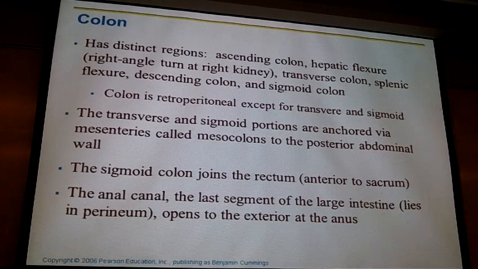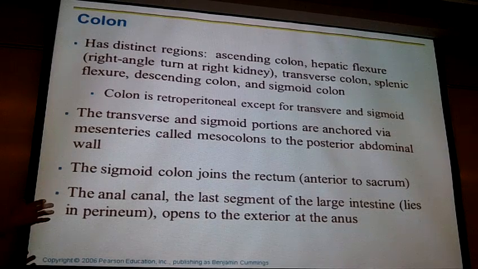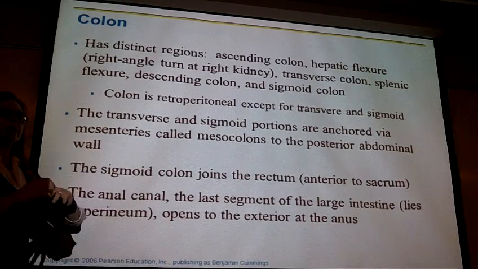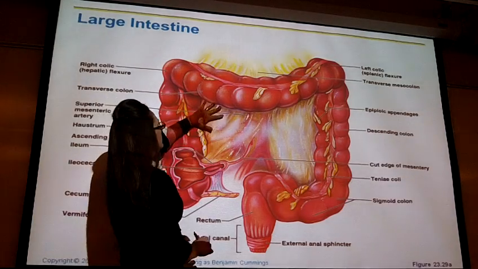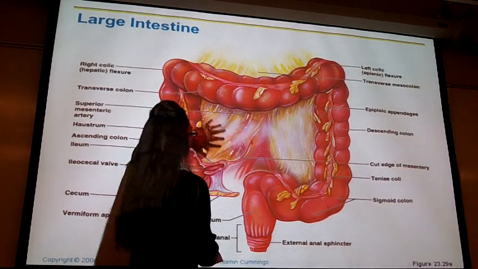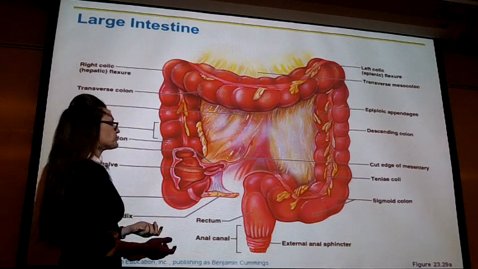So, let's see. I think we covered all the different parts of the colon. Again, the thing to keep in mind is these different parts of the colon are going to be connected by mesentery. And you can see that here. Here's the mesentery that's connecting the different parts of the large intestine, or different parts of the colon, together.